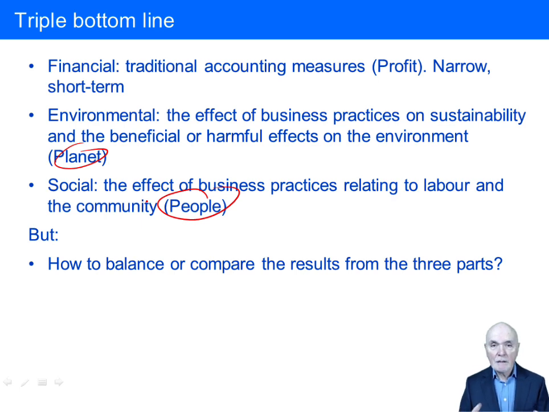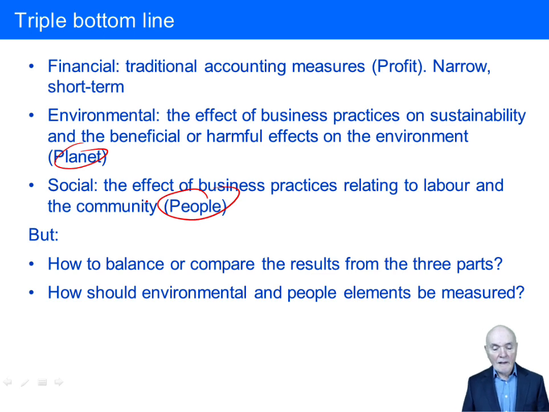But how do we actually go about balancing these, convincing people that perhaps spending more now, reducing profits now, is first of all a good thing, but secondly, is going to help the longer term sustainable profit of the business.